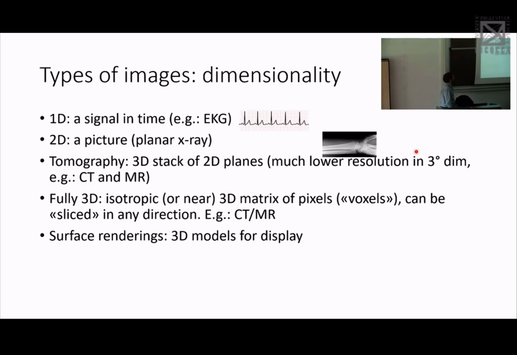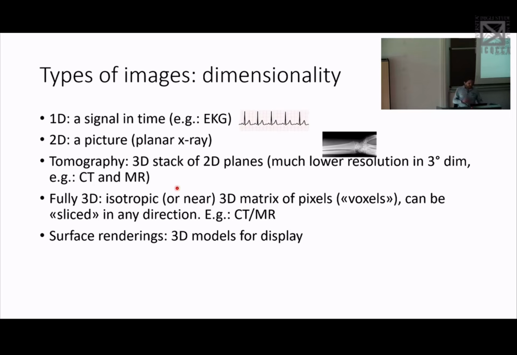Well, we have 1D. That's not really the case often, but like a signal in time, like an EKG. You can have 2D images, like the classical X-ray to see a broken bone. We have tomography, which is a 3D stack of 2D planes.